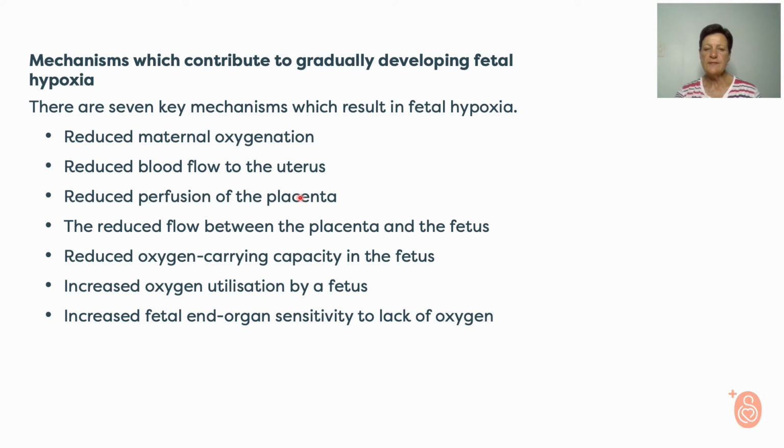Reduced perfusion of the placenta is a very common one, like we've said every time when we discuss uteroplacental exchange and the occlusion of the uterine arteries with every contraction. So if the labor goes on for a long time, with too long contractions, too many contractions, etc. And this goes with reduced flow between the placenta and the fetus, which basically fall in the same category.